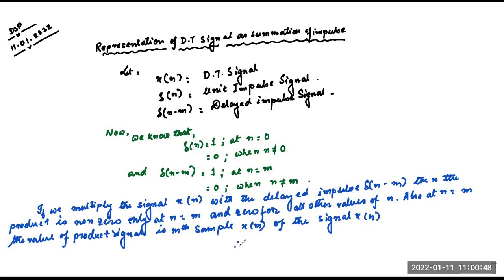So we can write x[n] times delta[n minus m] equals x[m]. So up to this, because we have less than a minute, we'll explain the rest in the next session.